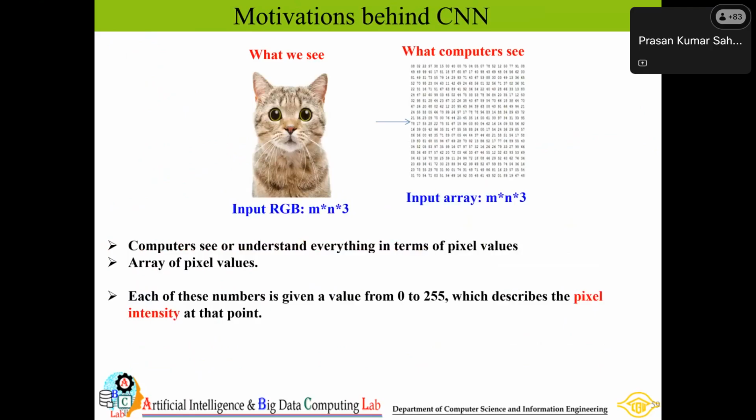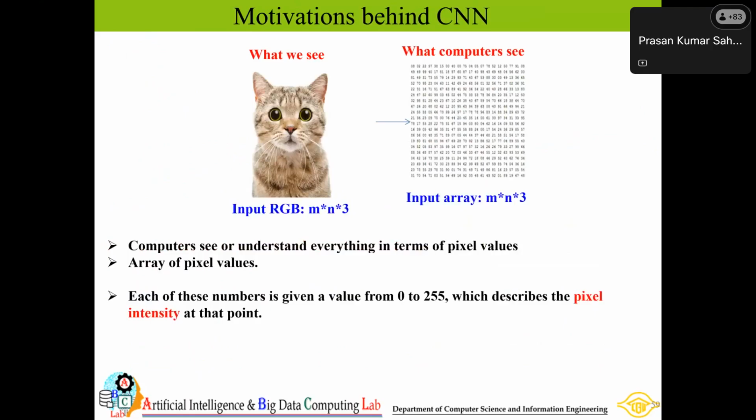And I'm going to show how we normally train on an image. Suppose we need to train on an image. This is an image of a cat. We can see this image, but the computer can't. What the computer sees is only the pixel values, the numbers.